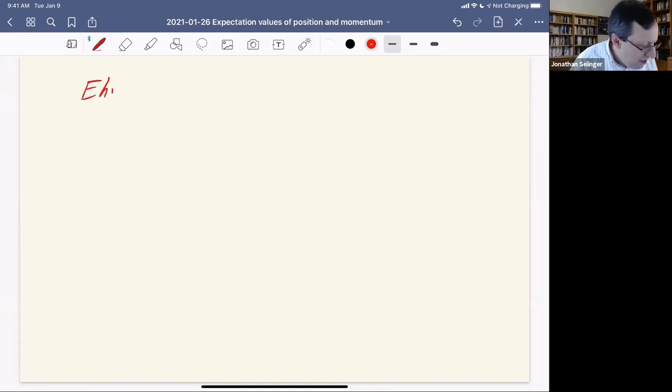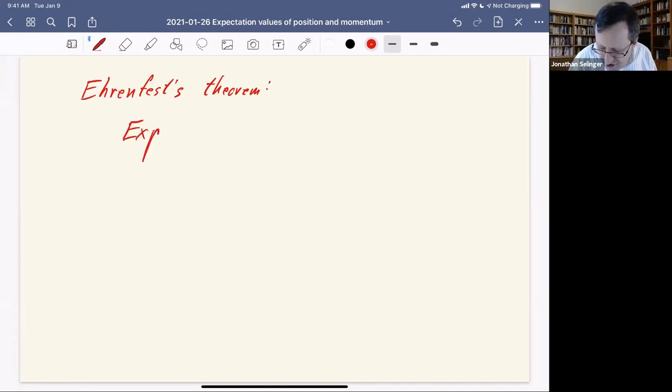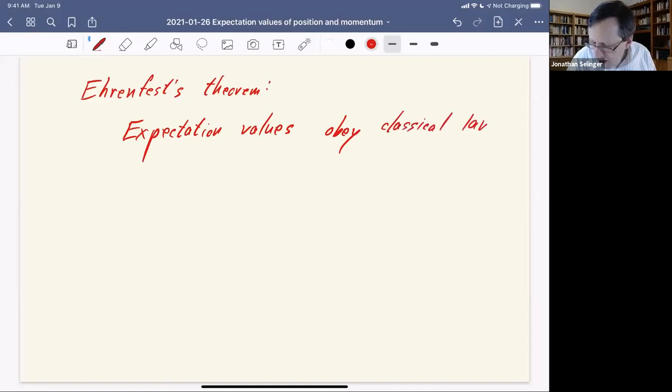This is called Ehrenfest's theorem, which says that the expectation values, the averages, obey classical laws. Like, for example, in this case, F equals MA for the averages.